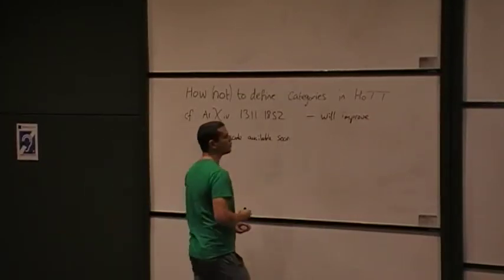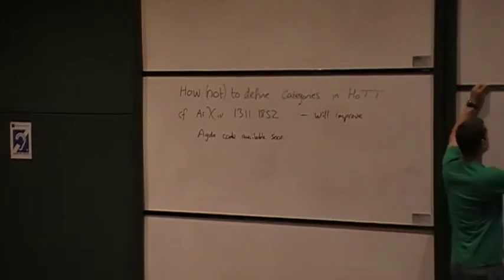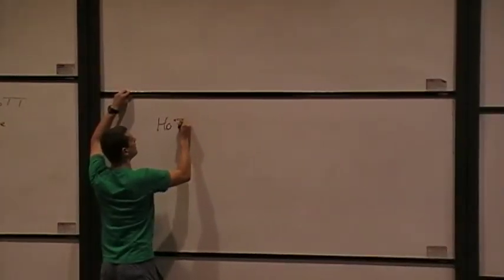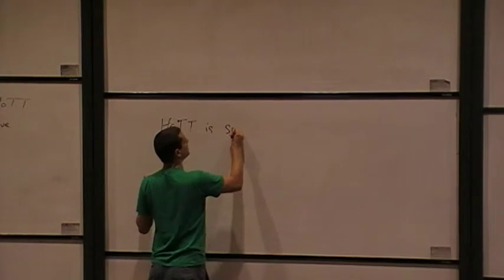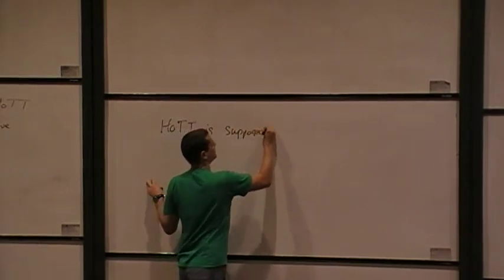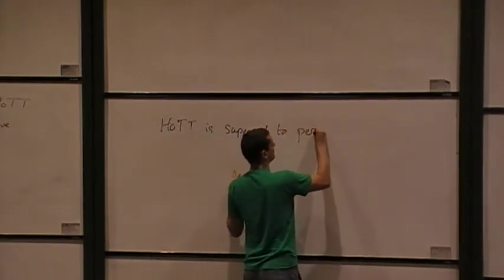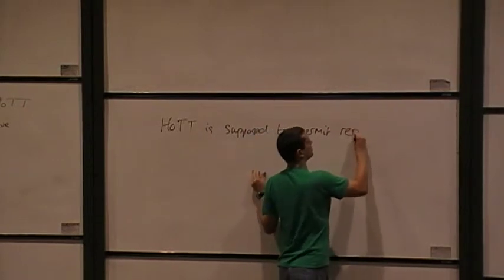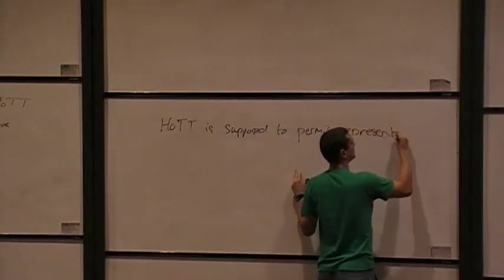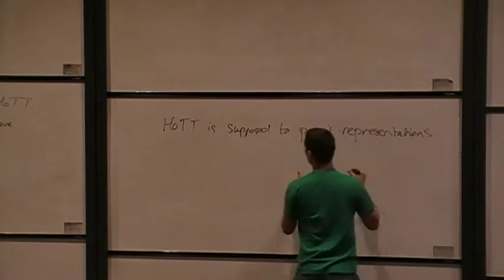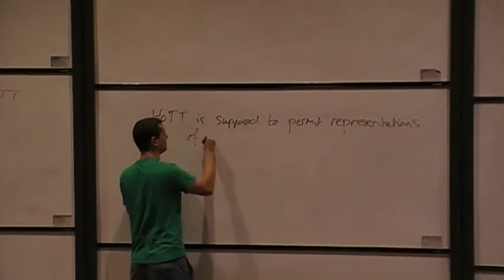Okay, so what are we trying to do? Homotopy type theory is supposed to permit representations of interesting mathematical objects.